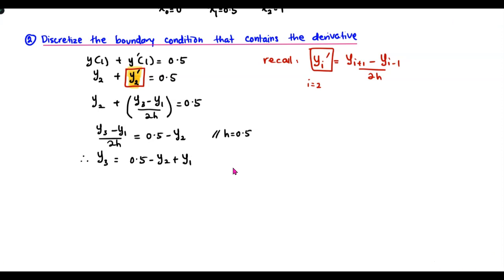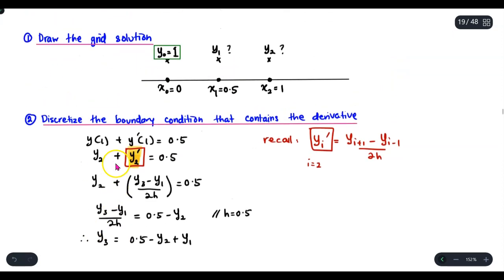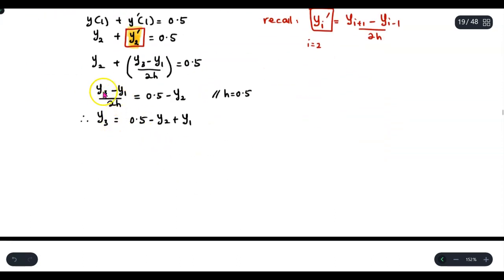So the idea here is to isolate y3. You isolate the term that you don't have in your grid of solution. So you have y0, y1, y2 only. So y3 is somewhere here, out of your grid. So we take out that term, y3 equals 0.5 minus y2 plus y1. Later on, in the next calculation, you will use this y3.